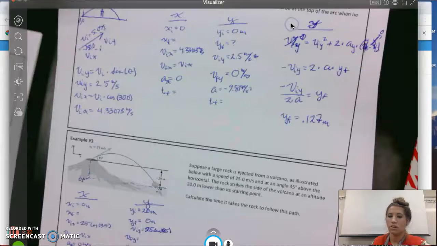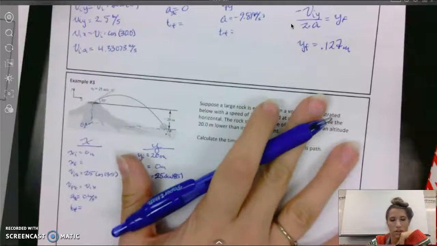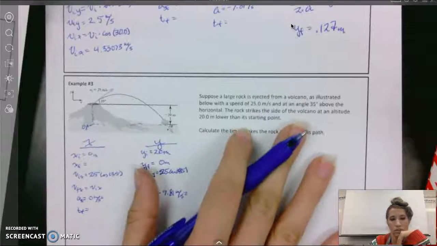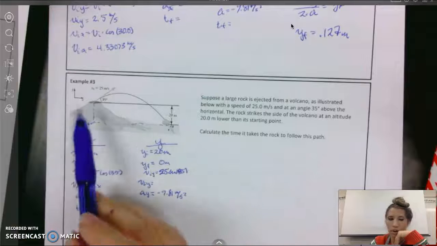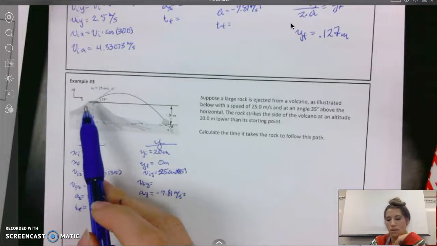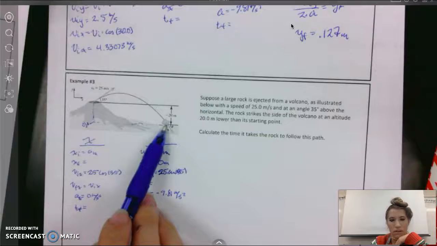Okay. So, on example number 3, for my online students, we're not going to worry about the types of questions where we're starting from a different height than where we're ending, okay?